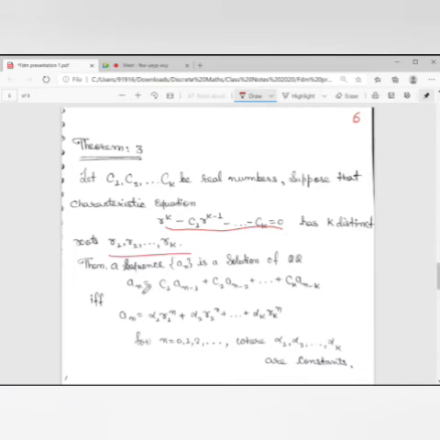Then a sequence a_n is a solution of the recurrence relation a_n is equal to C1 a_(n-1) plus C2 a_(n-2) plus up to Ck a_(n-k) if and only if a_n is equal to alpha 1 r1^n plus alpha 2 r2^n plus up to plus alpha k rk^n, for n is equal to 0, 1, 2, where alpha 1, alpha 2 up to alpha k are constants.